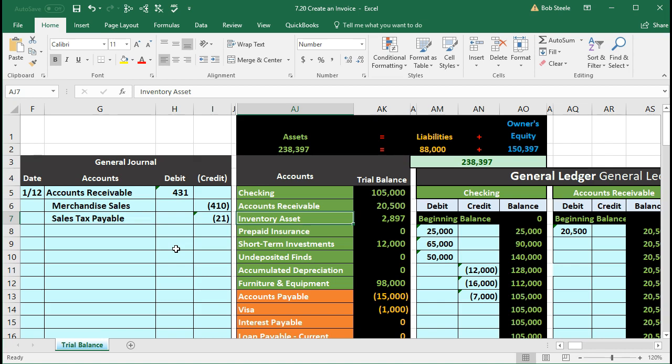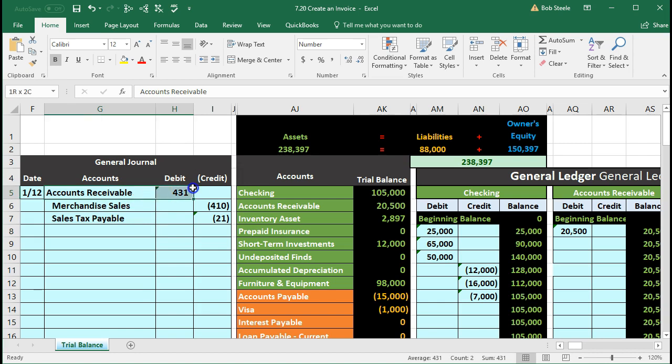If we're looking at a computer system which is driven by rules, meaning this happened at the same time and is in essence the same transaction, and the debits always go on top, credits always go on bottom, then it's going to look a little bit different, or more difficult for us to read. So keep that in mind as we do things outside, and when we do things in a computer system, why we're doing things in those different formats and how we can do so to get the best results. So let's go ahead and post this first.